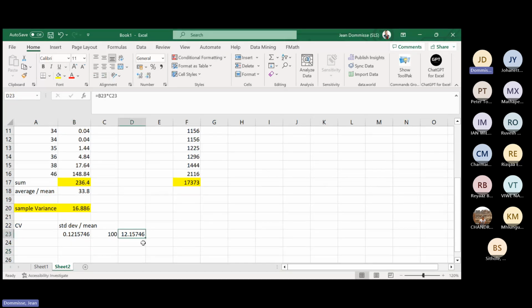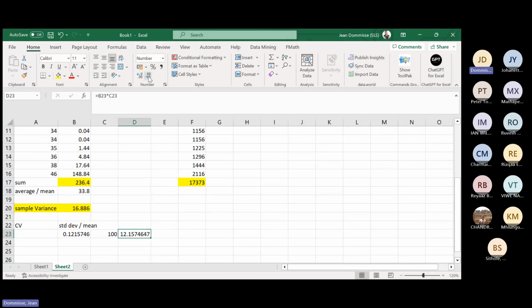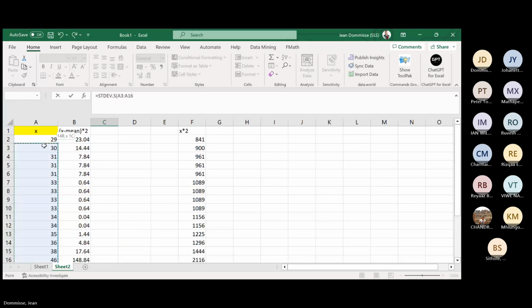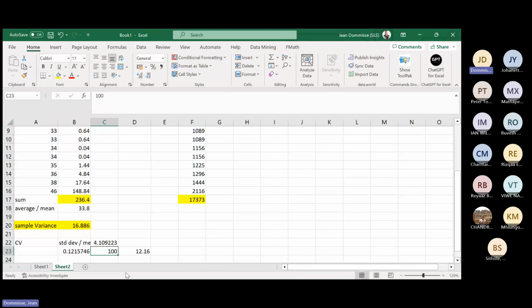So the answer would have been 12.15 or 12.16, but let's just do that for you guys. If that was the standard deviation that we calculated, and there was the mean, it would have been standard deviation divided by that mean. And if we multiply that by 100, we should then also get the same answer.